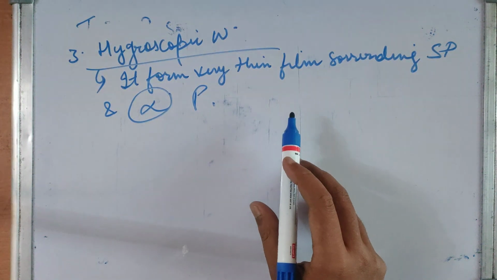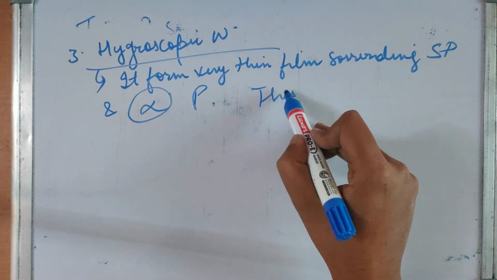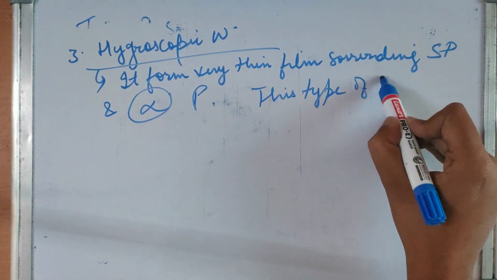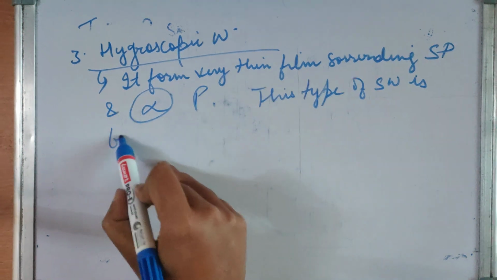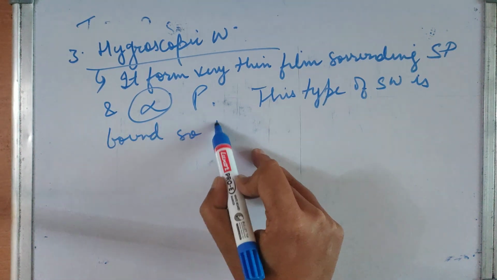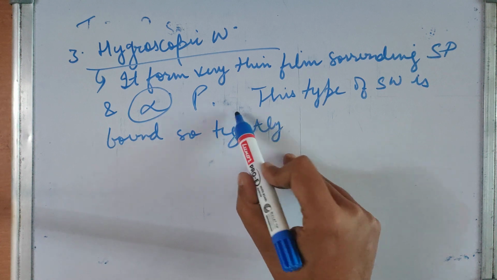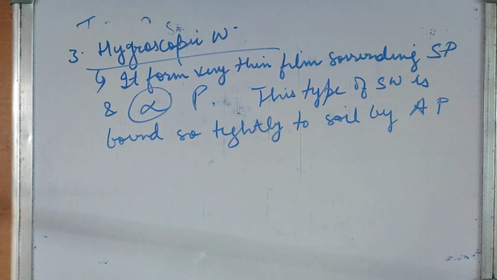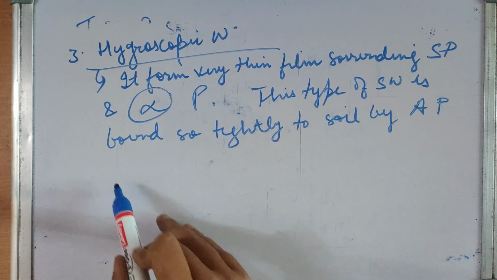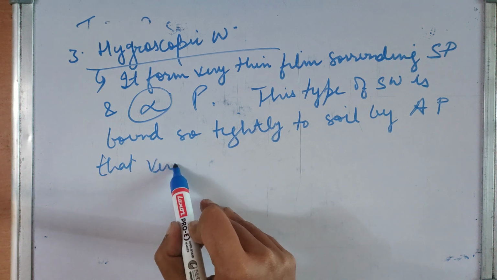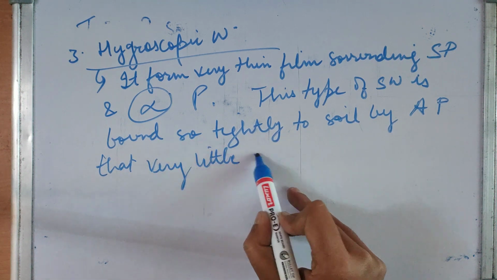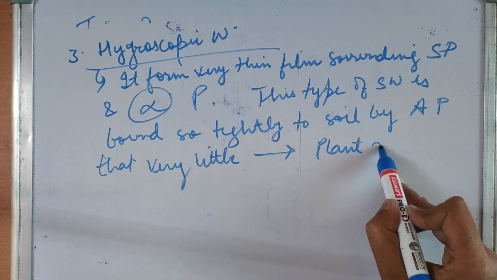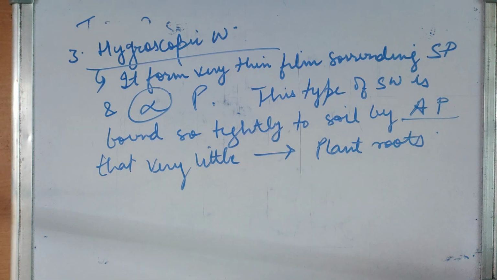This type of soil water is bound so tightly to soil by adhesion properties that very little of it can be taken by plant roots. The adhesion here is so high that plant roots are not able to absorb or pull this water.